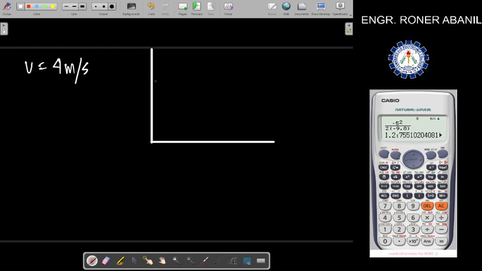So, dun daw sa position x, the bicycle can be plotted along the vertical axis of the graph. So, dito yung position, x. No? Tapos yung time naman natin, pwede natin ilagay dito. Ayan.